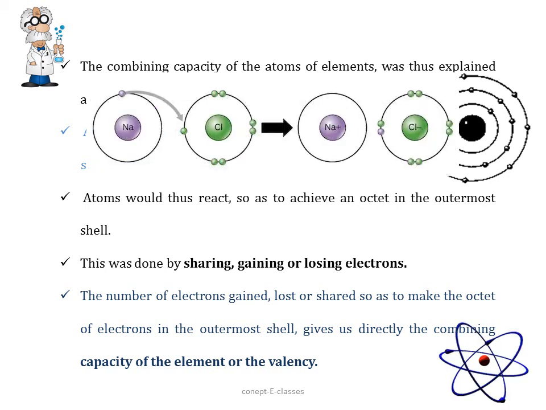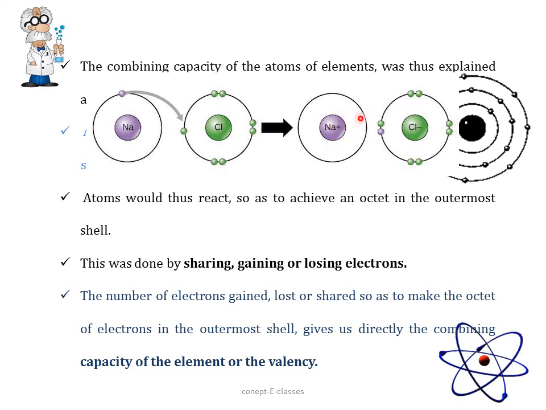Say for example, sodium consists of only 1 electron in the outermost shell. So it donates this electron, and hence it becomes a sodium cation. In the case of chlorine, in order to attain its octet, it requires 1 more electron, right? So it will gain 1 electron from this sodium.